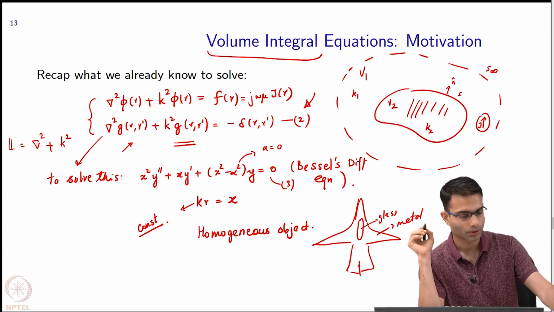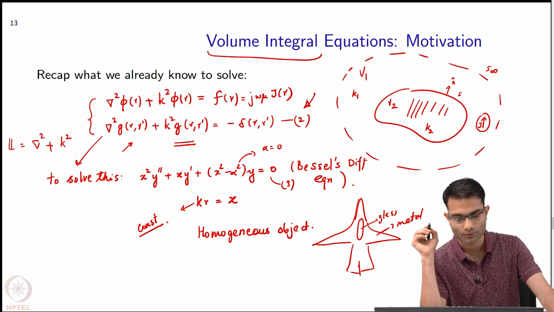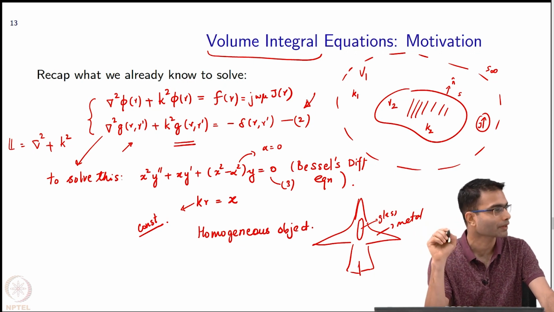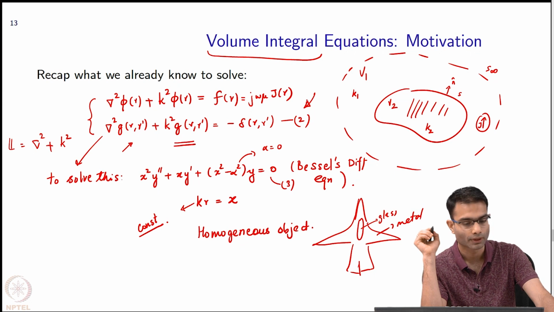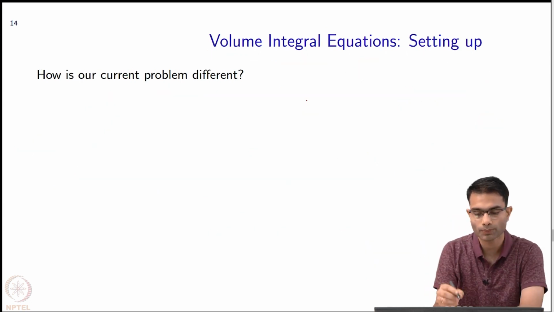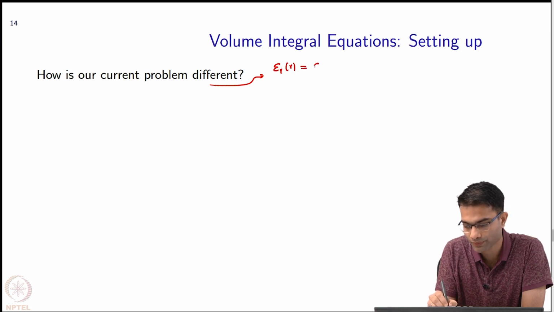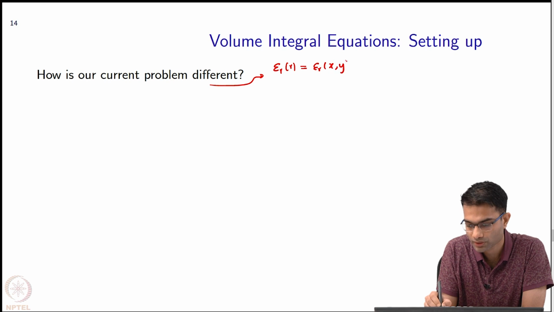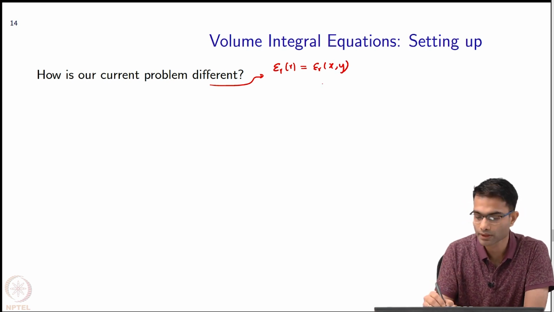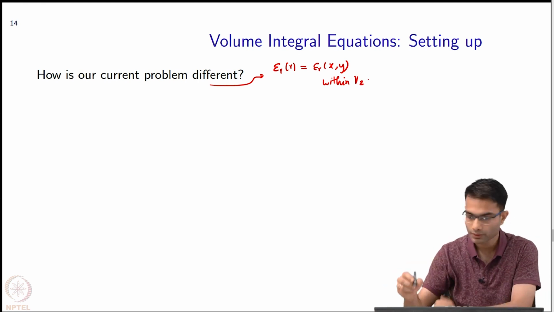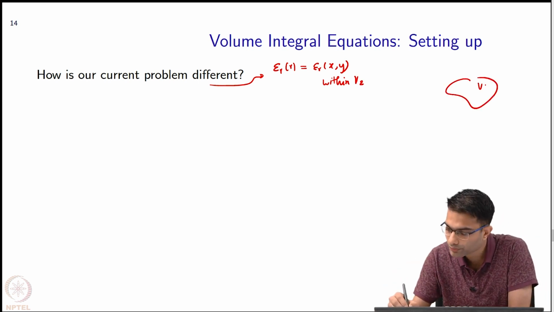We will use the Green's function, but how to get to it is going to be a little bit tricky. So we will see how to do it. How our current problem is different, as I have already said, is that epsilon r is actually a function of space within V2.